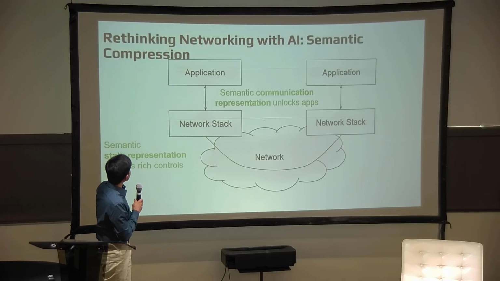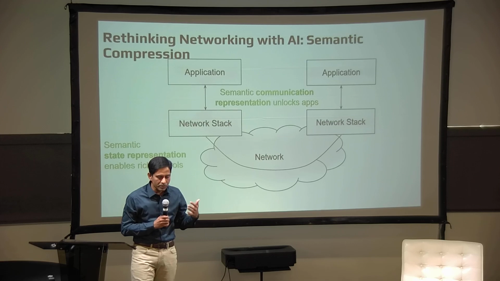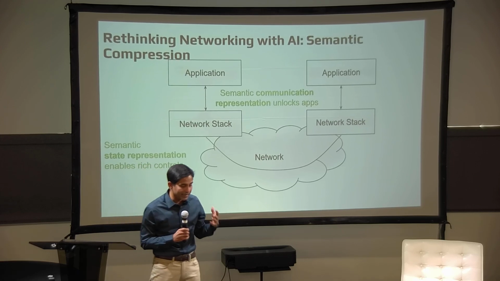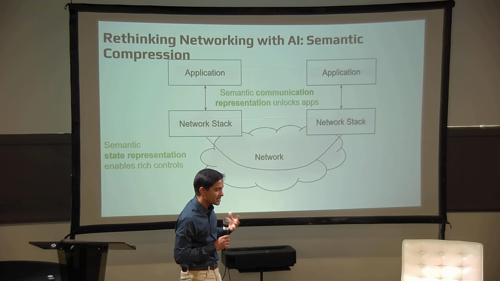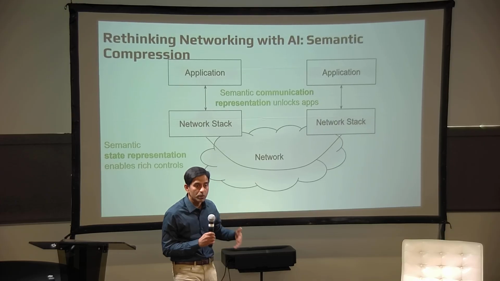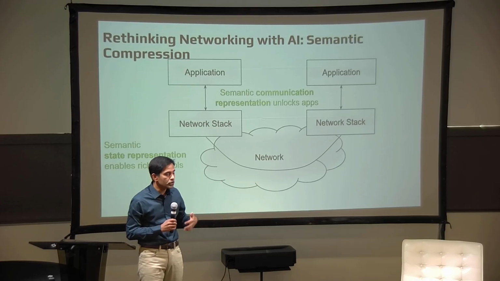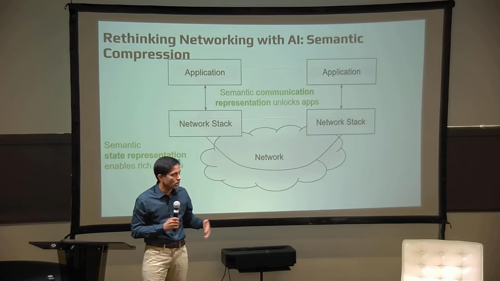And the other view of semantic compression as you apply to network state is that thinking about the use of AI allows you to extract the semantics of the network state, which allows controls to operate in a more intelligent manner on top of the network state.